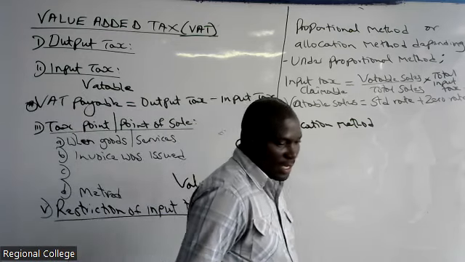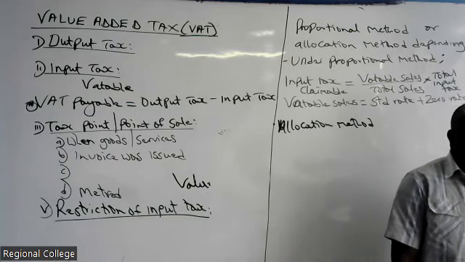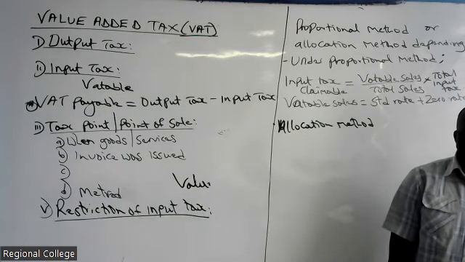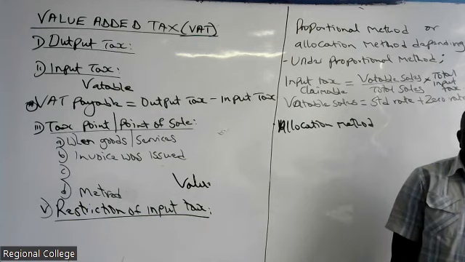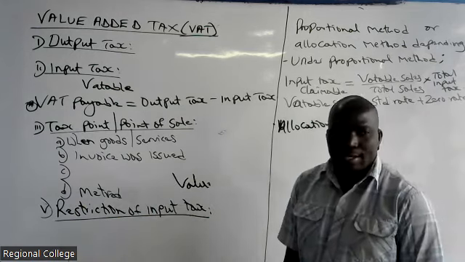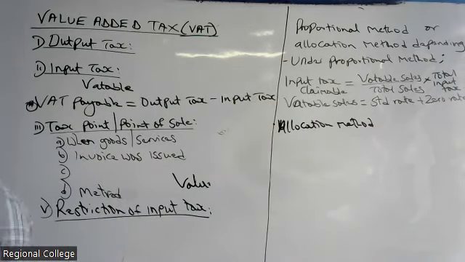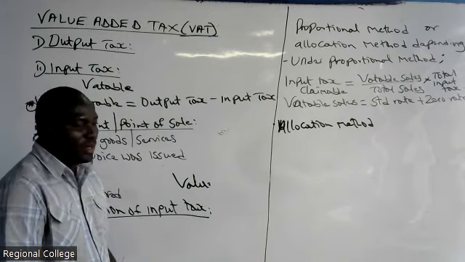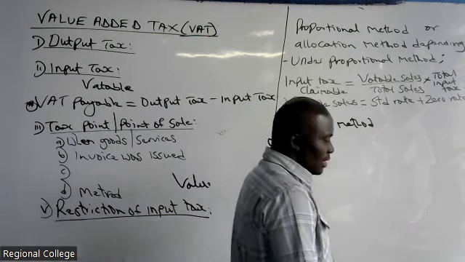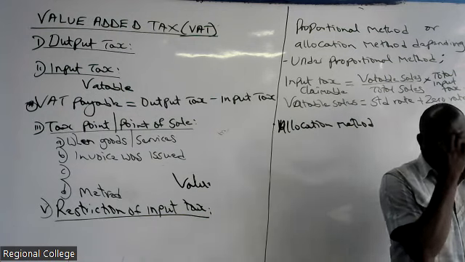And the total added together gets total input tax claimable.